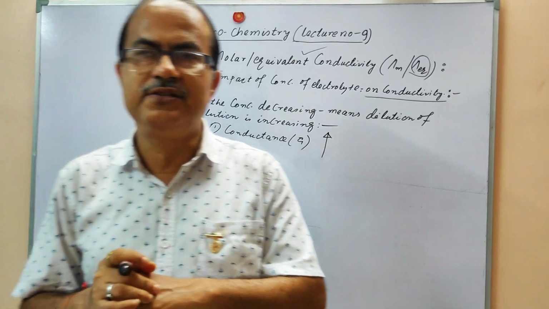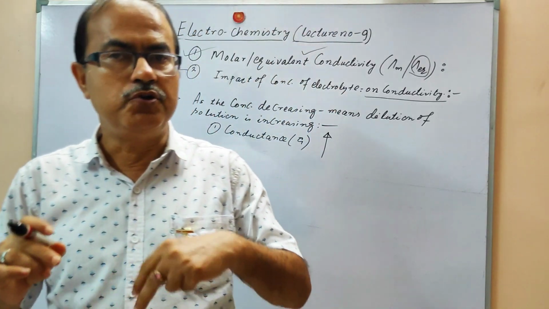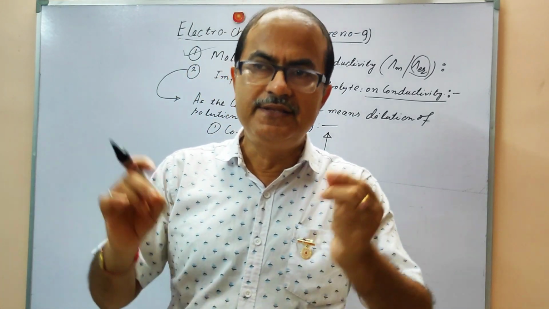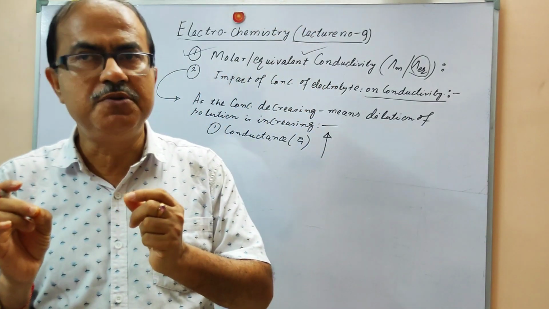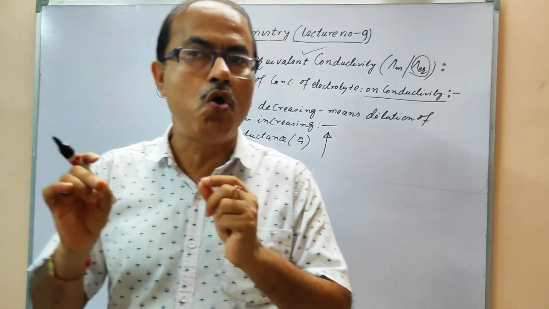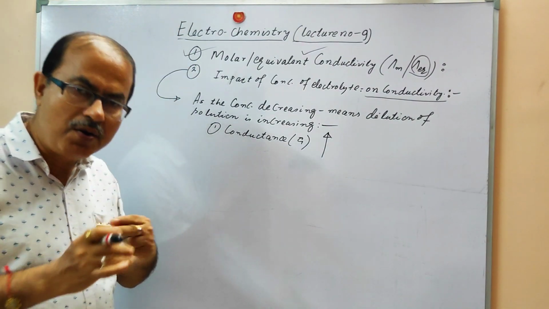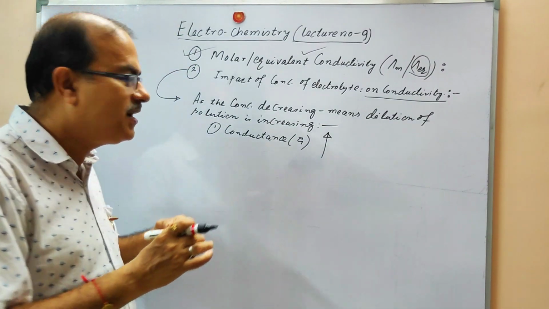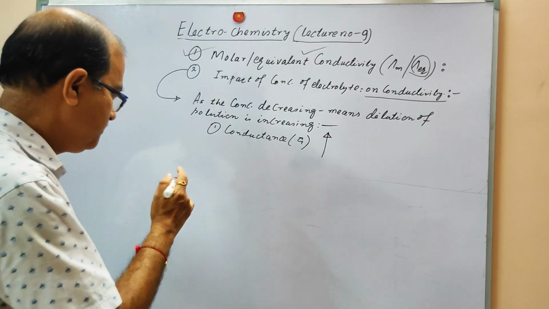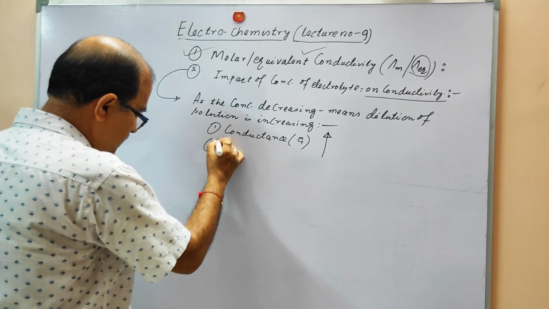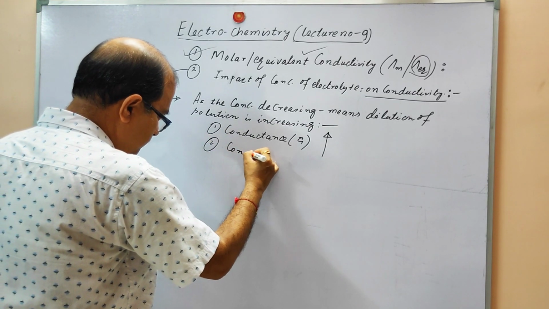For the weak electrolytes, that we will understand later on, and for the strong electrolytes, the attractive interaction between the ions goes on decreasing, and that is why, as the number of ions is increasing, the conductance is going to increase.